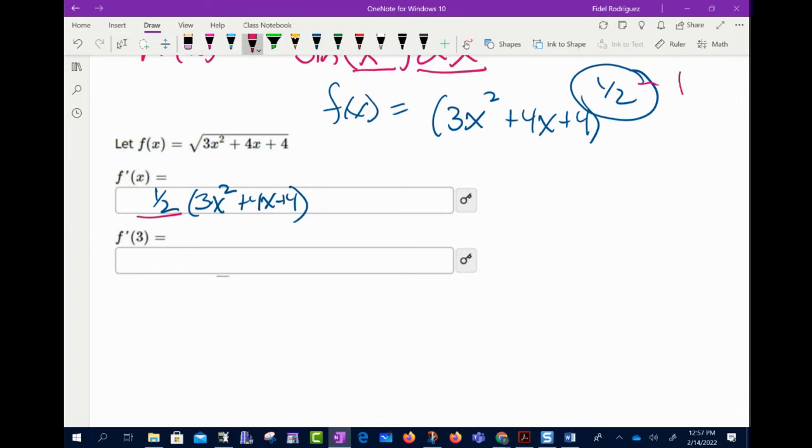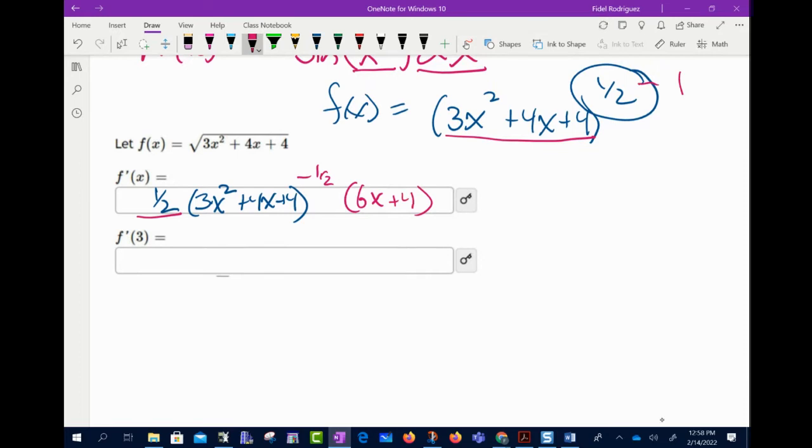We subtract 1. Anybody know what's a half minus 1? Negative 1/2. Excellent. And then we still have to take the derivative of what's inside here. Okay? So let's take the derivative of what's inside there. The derivative of 3x squared is 6x. The derivative of 4x is 4, and the derivative of 4 is 0, okay.